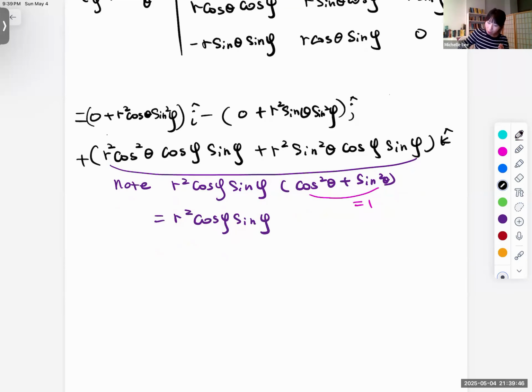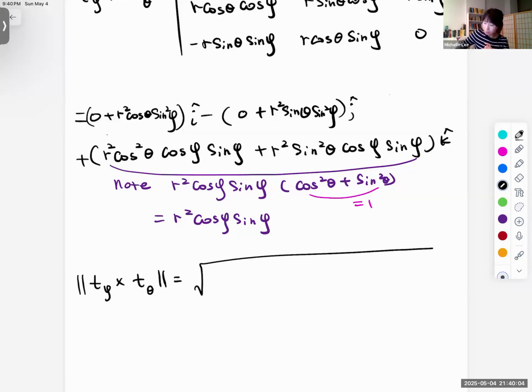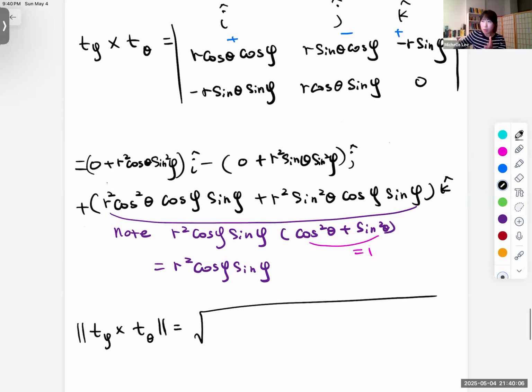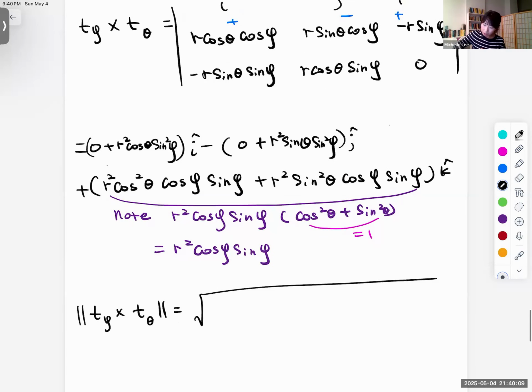Okay, let's find the magnitude of the cross product of the tangent vectors, partial derivative with respect to phi and partial derivative with respect to theta. We will square each term. So we have r squared cosine theta sine squared phi, squared, plus r squared sine theta sine squared phi, squared.